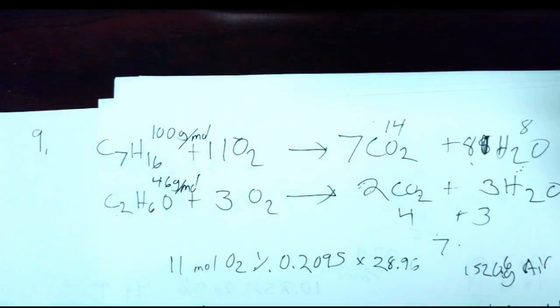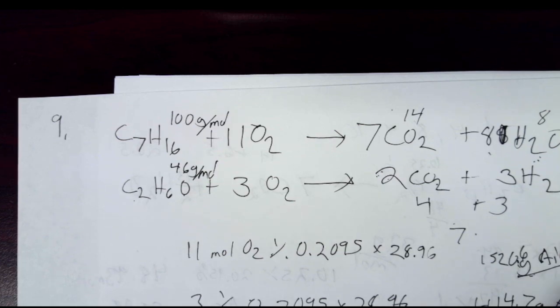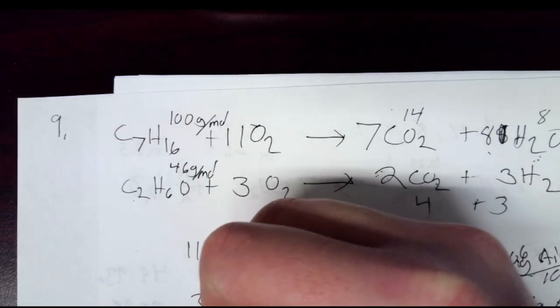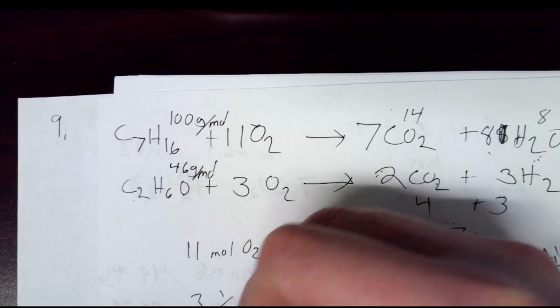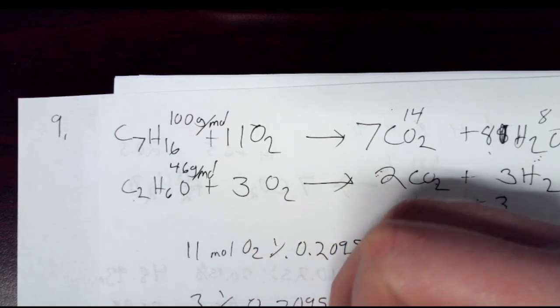Ethanol, we just talked about in the previous problem, was 46 grams per mole. So for the fuel to air ratio, divide by that. For heptane, it takes something like 15.2 grams of air per 1 gram of heptane.